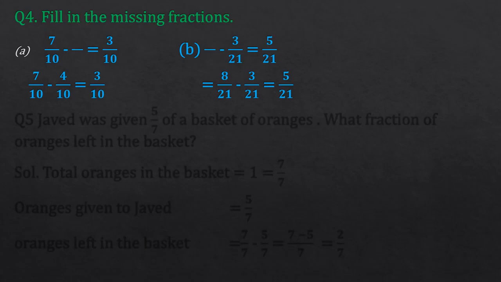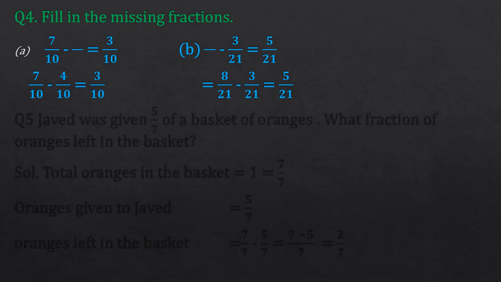Now see, it's B part. From what you will subtract 3 upon 21 so that you can get 5 upon 21. Again, in the result, after subtraction, there is no change in the denominator. That means these are the subtraction of like fractions. Means in the fraction your denominator will remain same, that is 21.